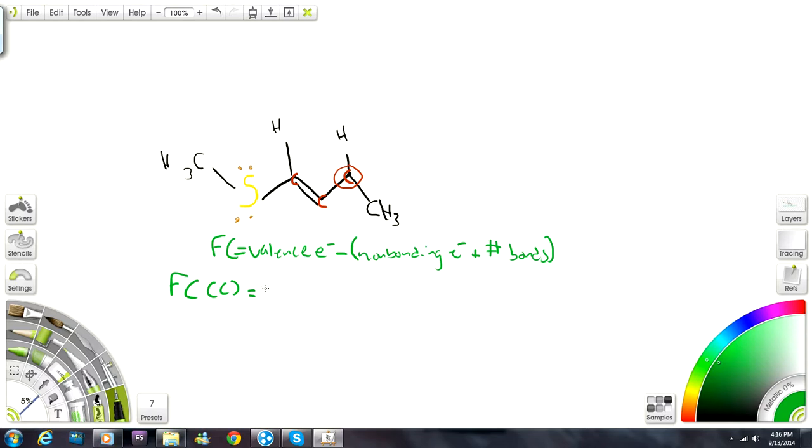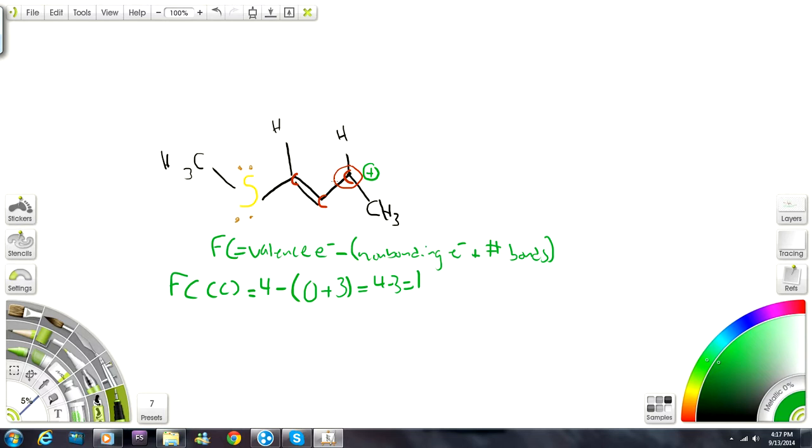So carbon has 4 valence electrons, and it doesn't have any non-bonding electrons on it right now. So that's a 0. And it's got 1, 2, 3 bonds. 4 minus 3, 1. Now, this equation, since it gives us this 1, that's telling us that there is a positive charge here on this carbon.